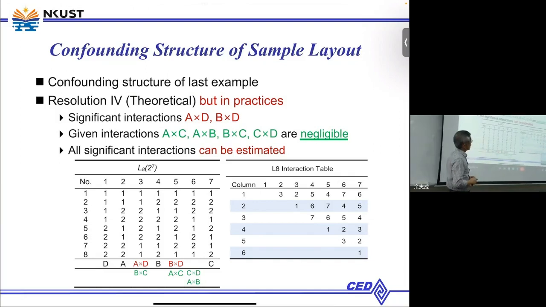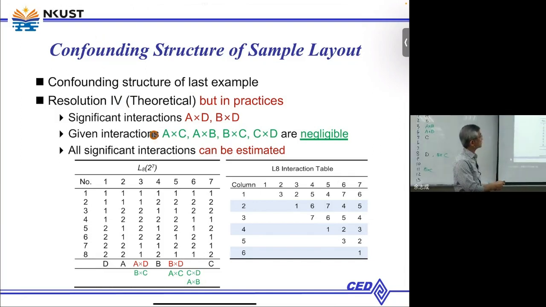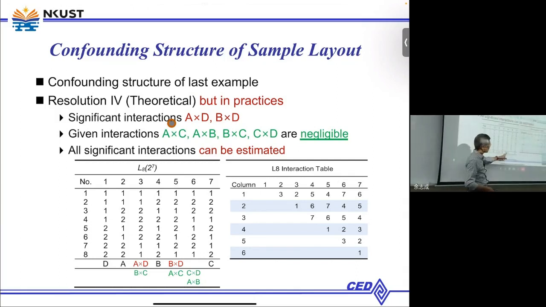But this question tells us that only 2 interactions, AD and BD, which I put in red, are important. The rest of the interactions, which I put in green, are all negligible. So you can see only these 2 are important.